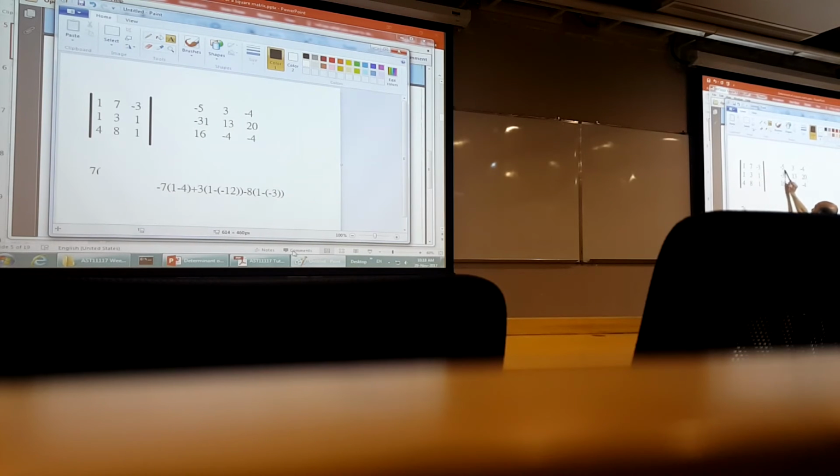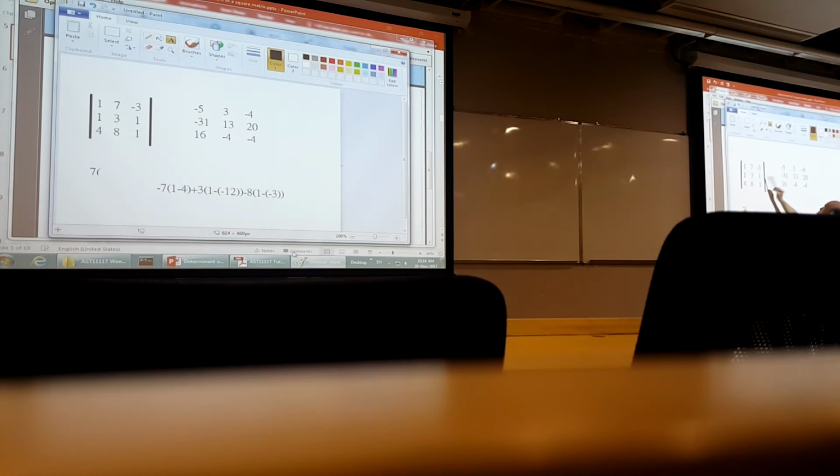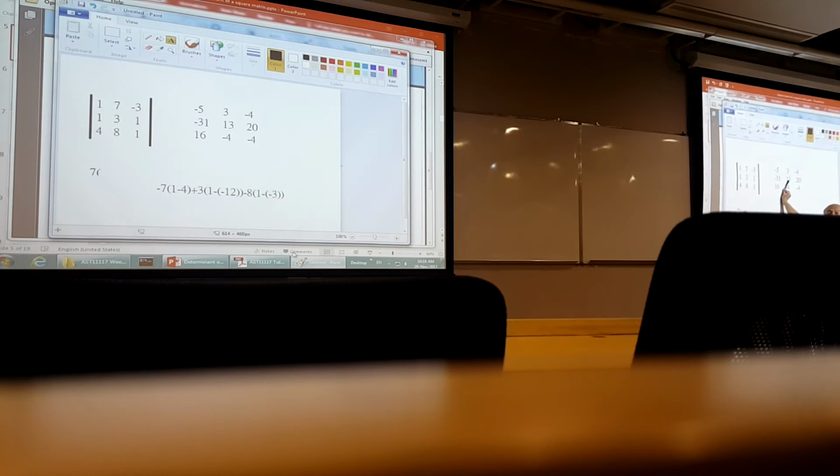For this row, minus 5 plus 21, it is 16. 16 plus 12, 28. For this row, minus 31 plus 39, it is 8. 8 plus 20, 28.